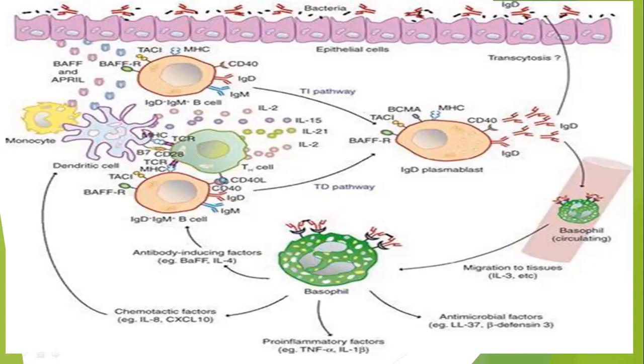What you went through so far, okay, even from the same diagram, we know that the B cell can be activated in two pathways, the T cell dependent and the T cell independent.